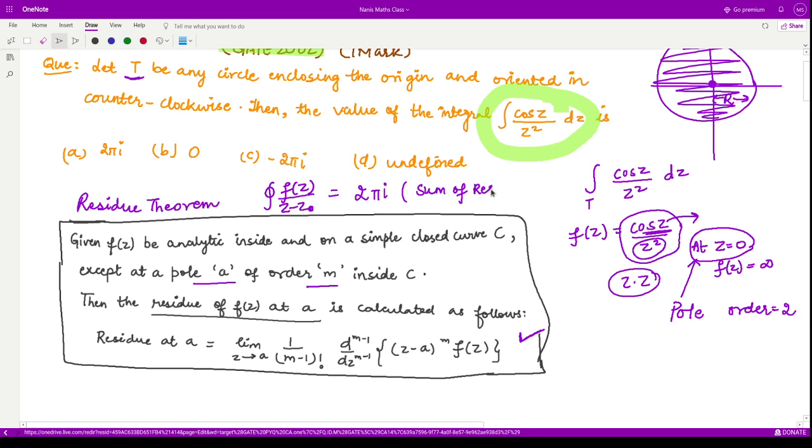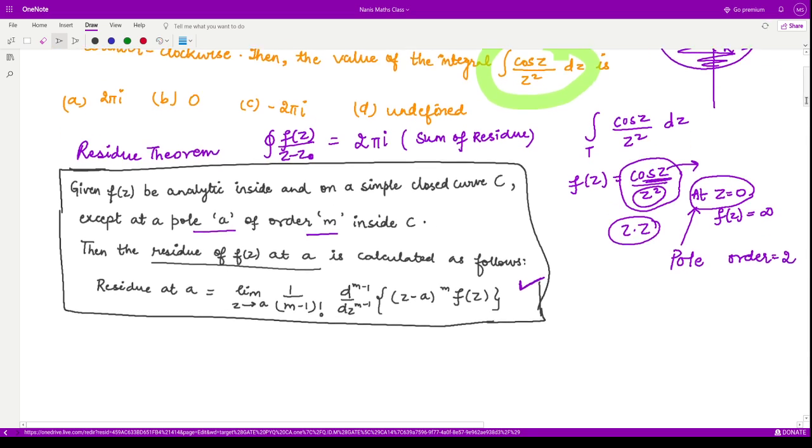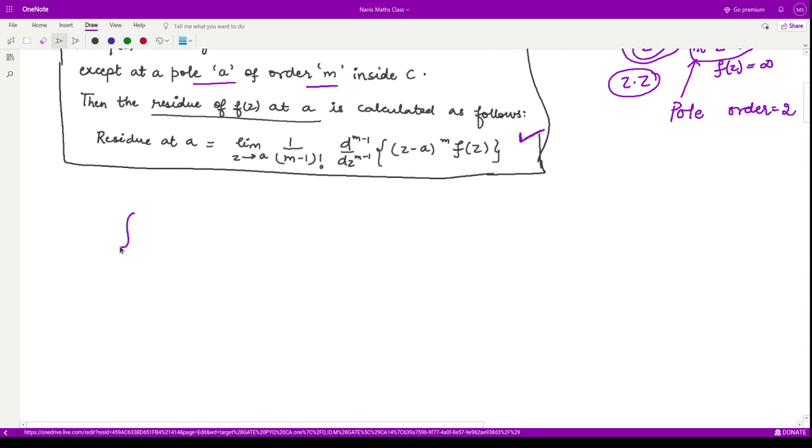So here we are to calculate the residue at z equal to 0. Ultimately we are calculating the integration of cos z divided by z square dz, and this is equivalent to 2 pi iota multiplied by the residue of the function f(z) at the point z equal to 0.